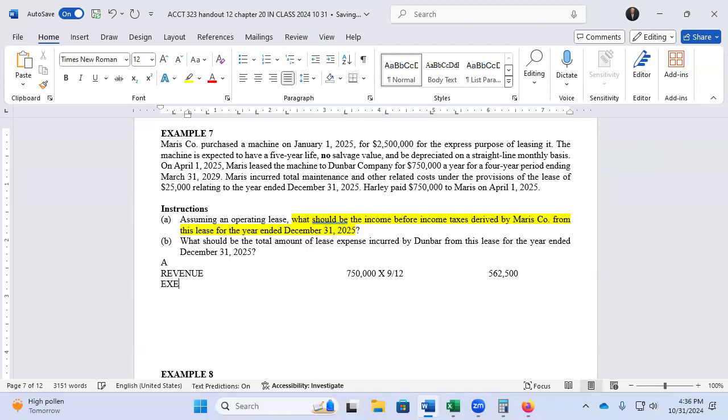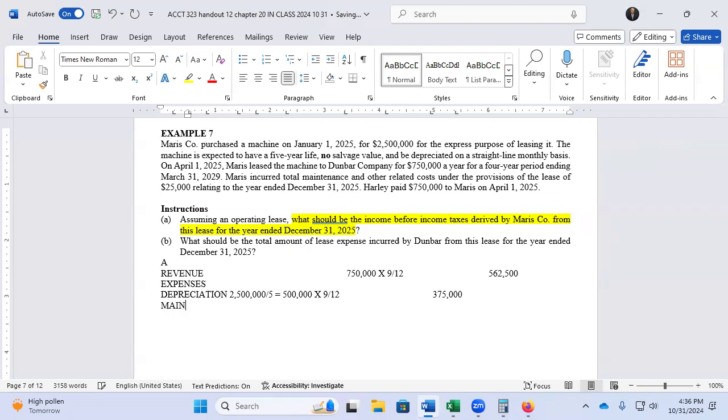Then you have expenses. And that's depreciation first. So we had 2.5 million divided by 5. I think that's 500,000. And we're going to multiply that by 9/12. So that's 375,000.